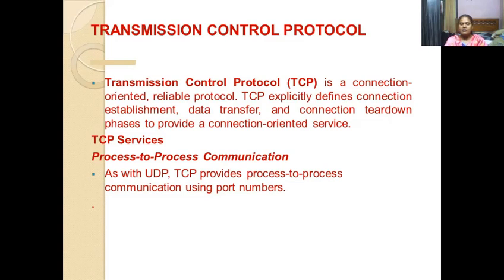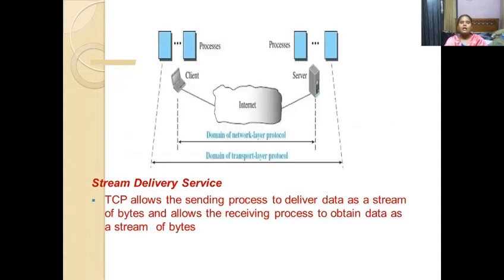Another important service which TCP provides is process-to-process communication. As you know very well, the transport layer protocol ensures process-to-process communication. Consider that on the client side you have n number of applications or processes running, and you have n number of applications running on the server side.